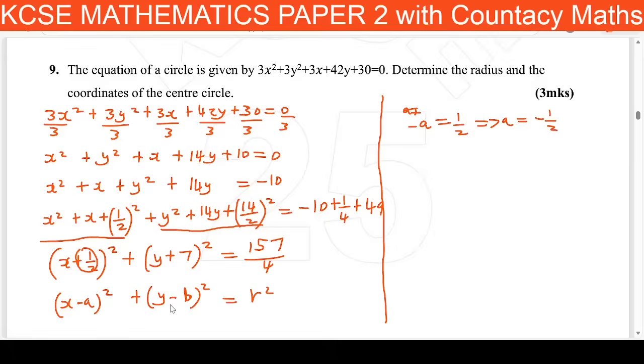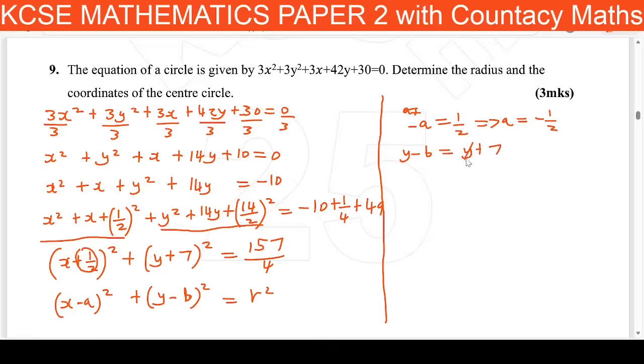We pick, you see, this is like y minus b. Let me actually take the whole of it so that you can understand it better in a way that it will never give you trouble ever again. So this is y minus b. It is directly connected to y plus 7.